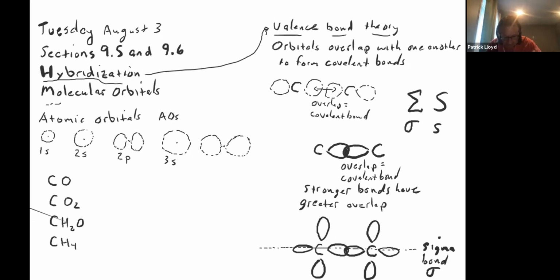What I'm going to claim is that, even though it doesn't look like it, there's actually orbital overlap here too, in two different regions of space, above the carbon atoms and below, from our perspective. And this one we're going to call a pi bond.